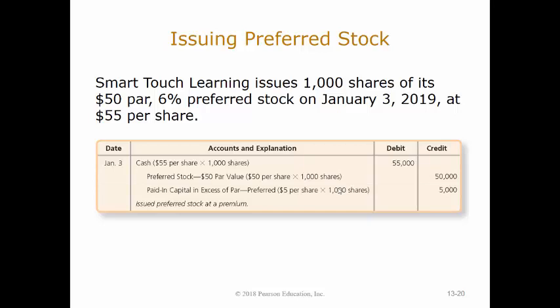And again, you can always find it by finding the difference between the actual issue price and the par price. In this case, since we're issuing at 55 and the par is 50, we're getting an extra $5 per share. And then multiplying that difference by the number of shares being issued, which is 1,000, that's $5,000. We're getting in excess of the par value of our stock. So we're going to denote that by crediting paid-in capital in excess of par preferred, or PIK preferred if you want to shorten it, for $5,000.